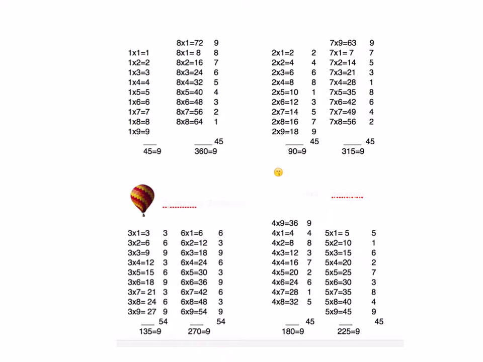I decided to do all the multiplication tables because the 9 times table got me into multiplying. So I put them all out in front of me just like I did the addition tables, and then I realized these numbers, 8, 1, 7, 2, 3, 6, 4, 5, they go together.